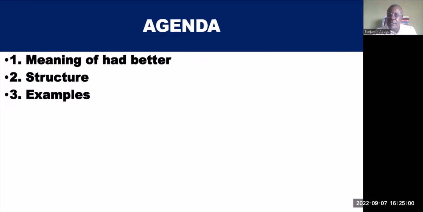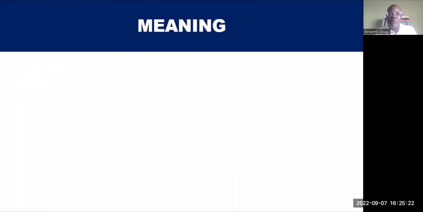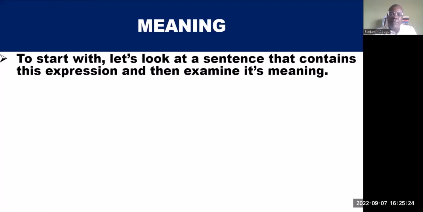And then we look at examples, okay? And some key points to note. Okay, these are the main things we are going to look at. And of course, we are going to have some subtopics within the main items listed. So let's begin with the meaning of had better.